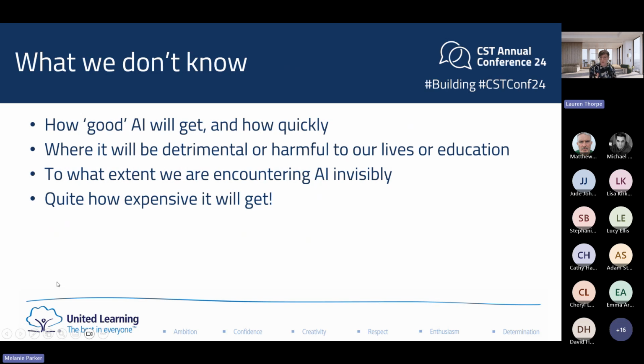What we don't know in this fast moving environment is how good the AI is going to get and how quickly. We've seen it improving dramatically, even just in the last 3 or 4 months. We're seeing things dripping into Copilot and Microsoft that used to be paid for products that are now free because they're baked into the packages that you're buying every day. We don't know how much this is going to cost us.